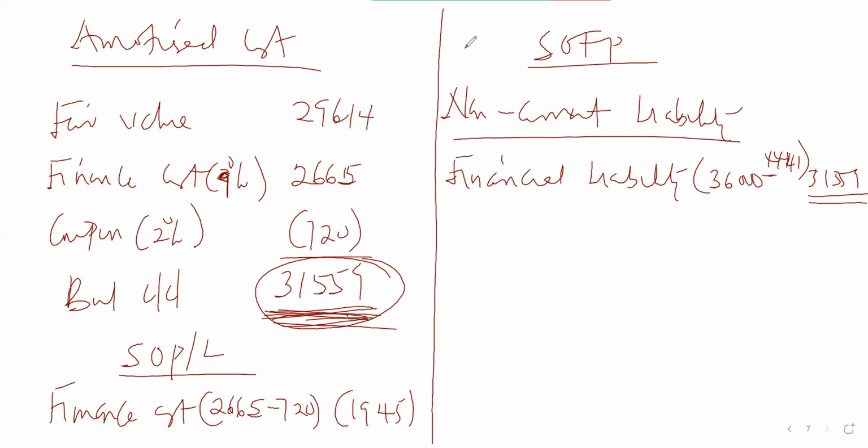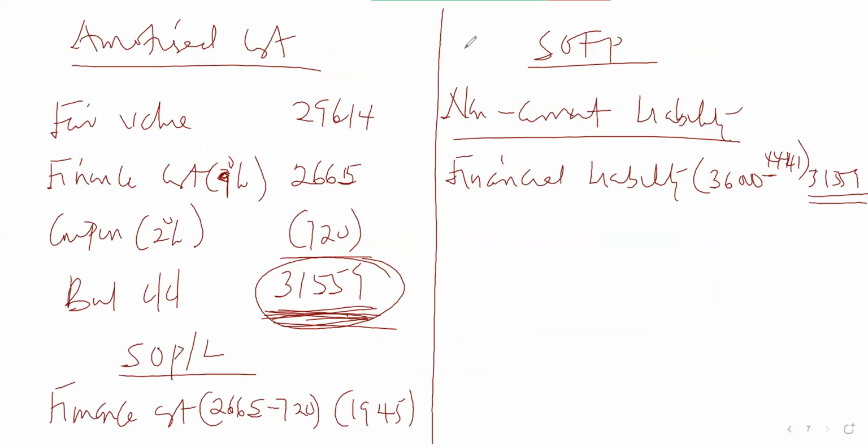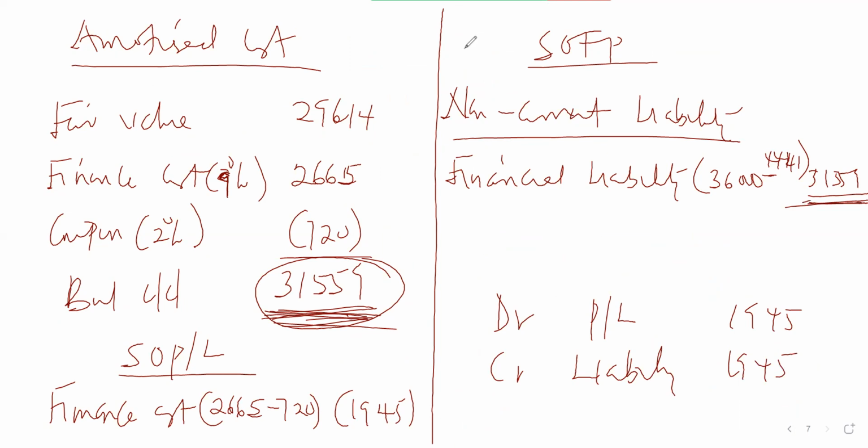All right. So the last part, we should pass an entry to correct this. We have done the first one, which means that we have brought the liability to this amount. So the next one is we will now debit profit or loss with 1945 and credit the liability with 1945, because the liability should have been 31,559.